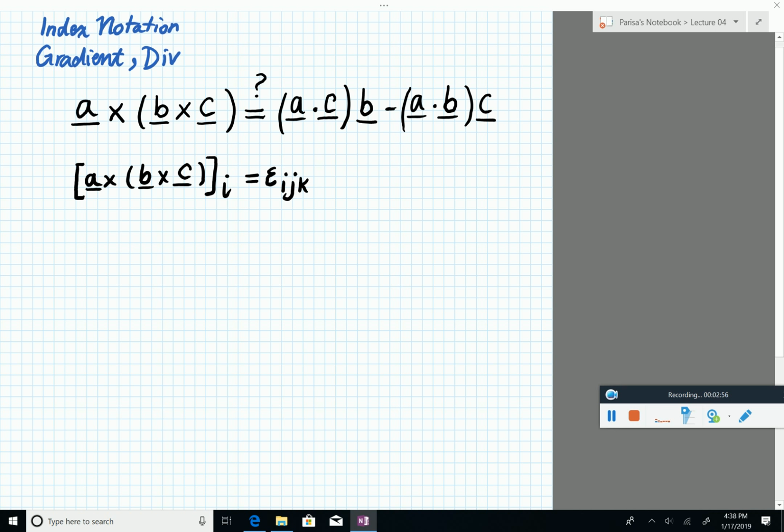Dummy indices. Then you have the first object, and then the second object, which in this case is itself an object. That's how I look at it. You could have started from B cross C. So don't worry if this is how you thought about it, that would work too.